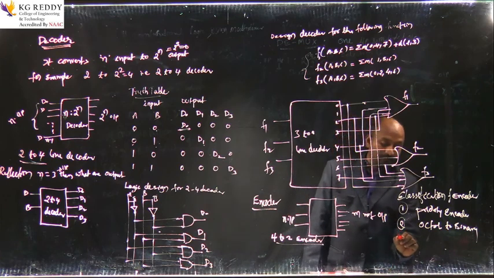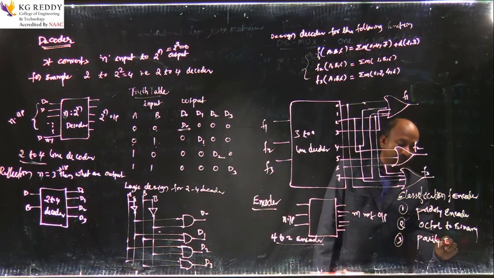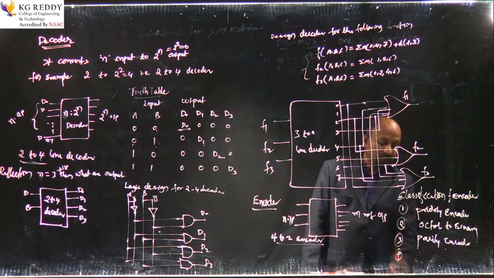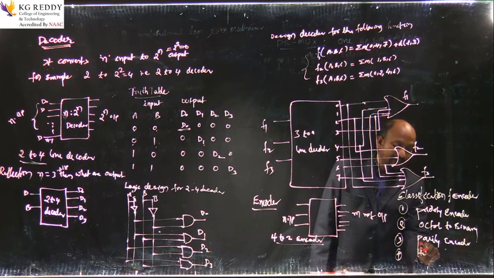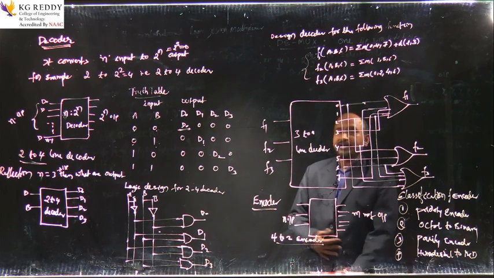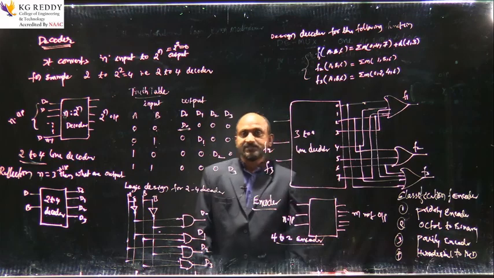The third one is the parity encoder. There is also the hexadecimal to BCD encoder, and so on. So meet in the next class, we will complete the encoder in the next session. Thank you all.